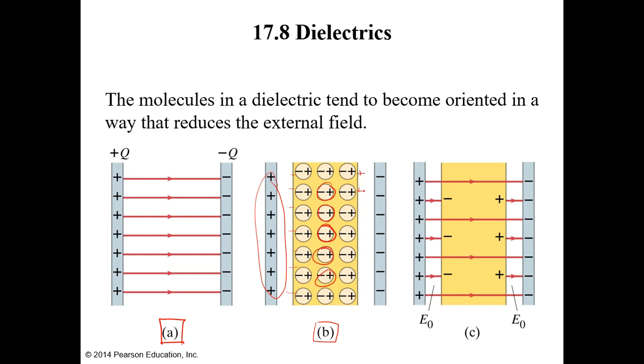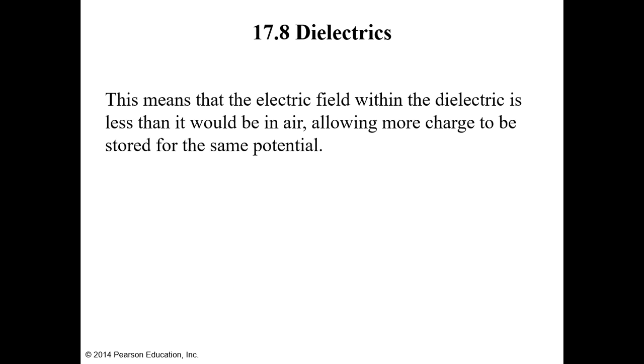Likewise, the right side will tend to be slightly more positively charged, thus attracting more negative charges in the negative plate, and so you can end up building charge much higher. Bottom line, when you have a dielectric, the electric field within the dielectric is less than it would be in the air, which allows more charge to be stored for the same potential.